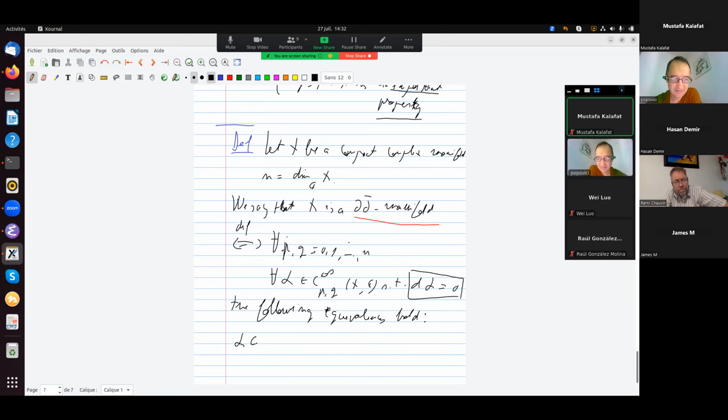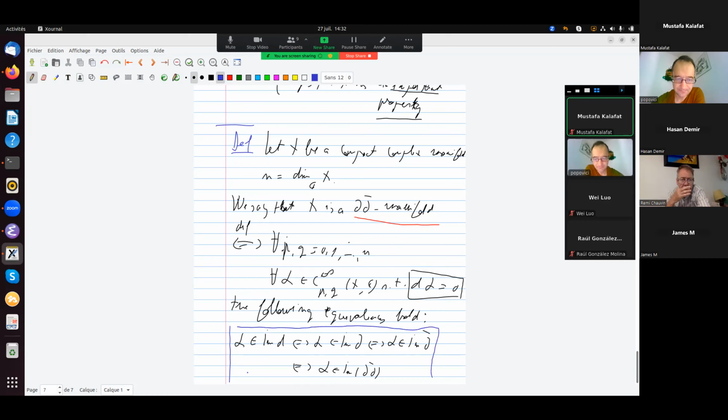Alpha is d-exact, in other words, alpha is in the image of d, if and only if alpha is del-exact, that is in the image of del, if and only if alpha is d-bar-exact, that is in the image of d-bar, if and only if alpha is DD-bar-exact, in the image of DD-bar. Right? So this is the definition. There isn't much to look at because it looks a bit abstract, but it's very powerful. So you can look at it as a kind of symmetry of the complex structure, right?